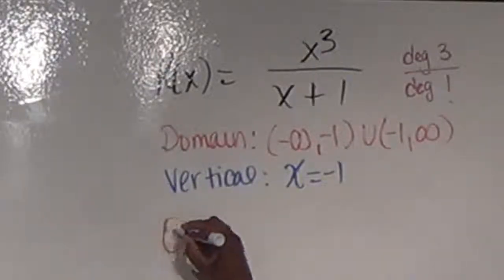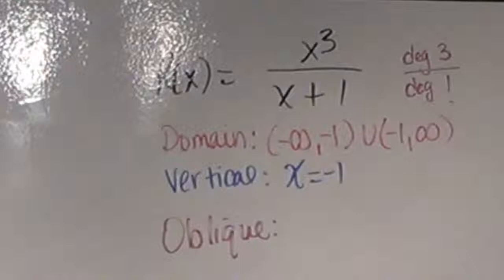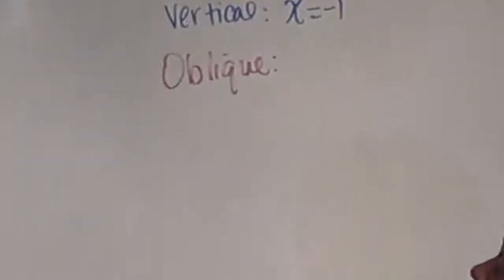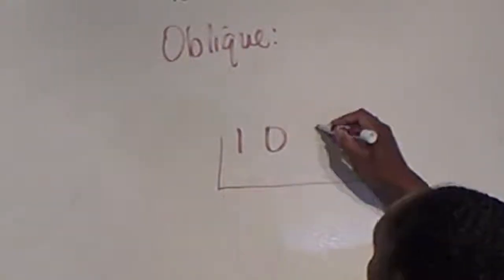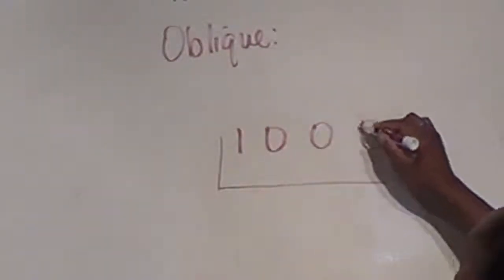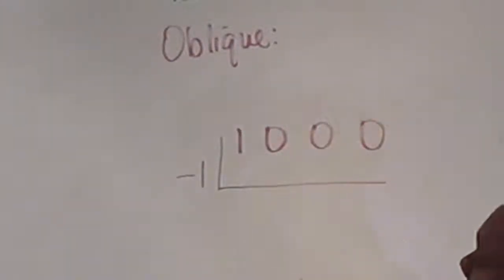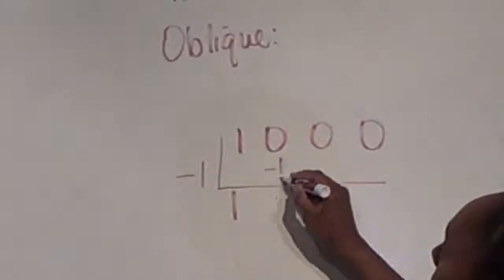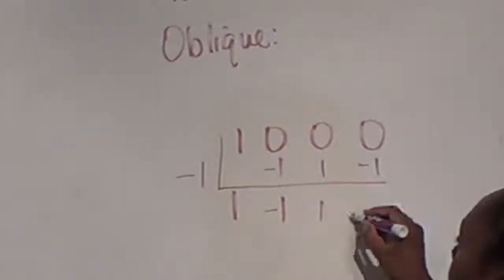So here again, I'm going to get an oblique asymptote, and to find it, I'm going to need to divide out. This one I'll use synthetic division. So we get 1 for the x cubed, 0 x squared, 0 x, and 0, and we're dividing out by a negative 1. So we'll get a 1, negative 1, 1, negative 1.